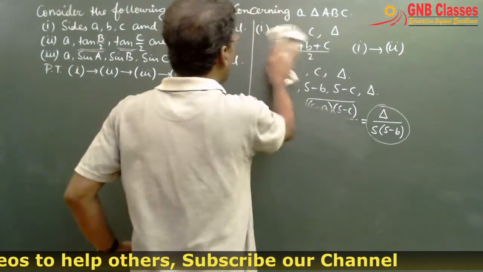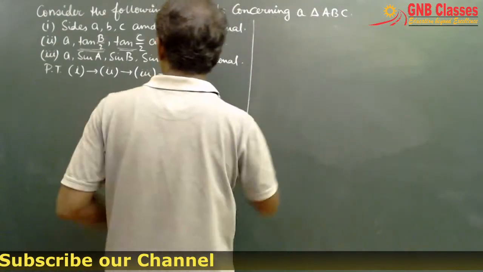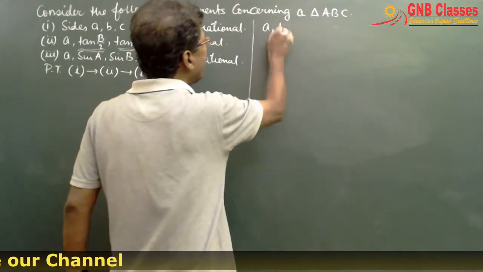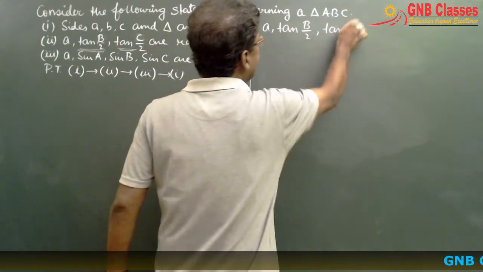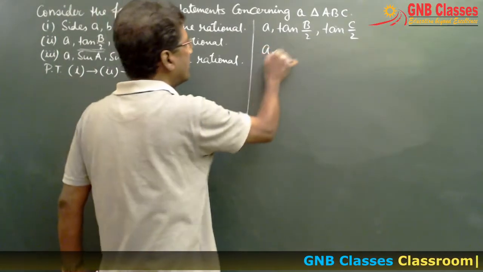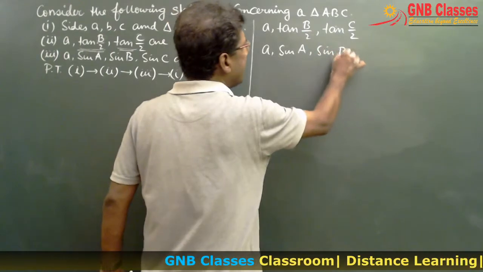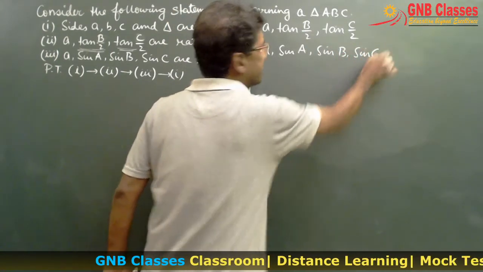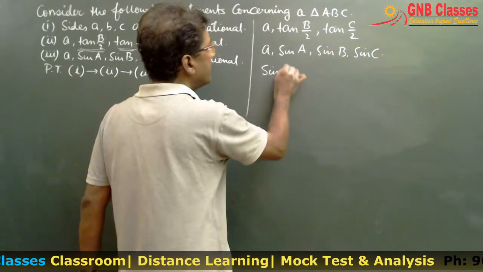Okay. Now, our second task is 2 implies 3. That means if tan A/2, tan B/2, tan C/2 are rational, we have to prove that sin A, sin B, sin C are also rational. Now, what is your sin B?